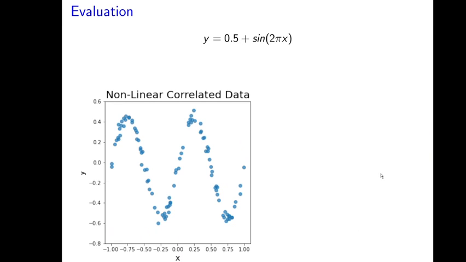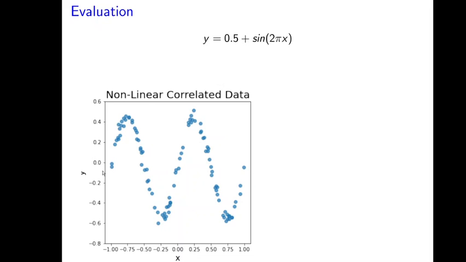If we move, however, to a more sophisticated definition of y, here we apply the sine function to the regressor x, such that we obtain this highly polynomial or highly non-linear function with a lot of trends of y with the growth of x.